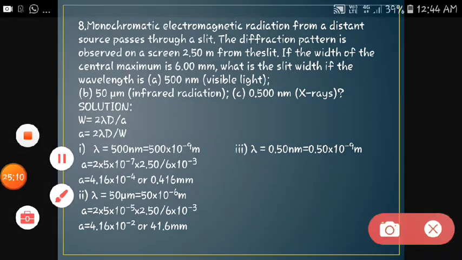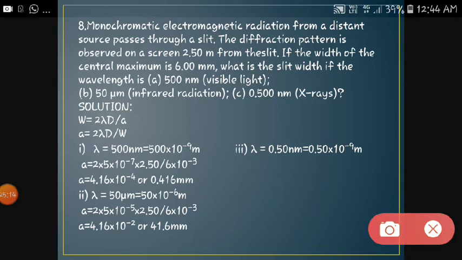Okay, eighth one. Monochromatic electromagnetic radiation from a distant source passes through a slit. The diffraction pattern is observed, obviously, on a screen which is 2.50 meter away from the slit. So capital D is given.